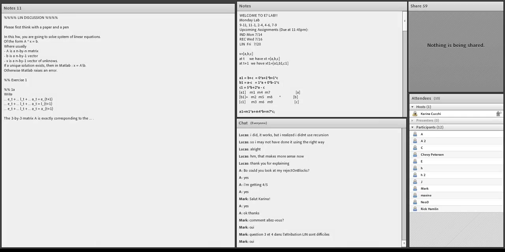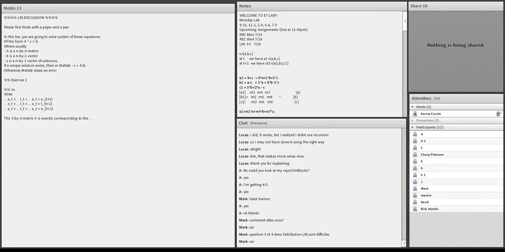Then the element in the second column, first line, will be the dots on the first line before L of t, etc. You can convince yourself that if you multiply this matrix A by the vector x of t, defined as a 3 by 1 vector E of t, L of t, A of t, then you will have exactly the results in the three-line expression at the top of page 2. This is how you are going to find the matrix A.